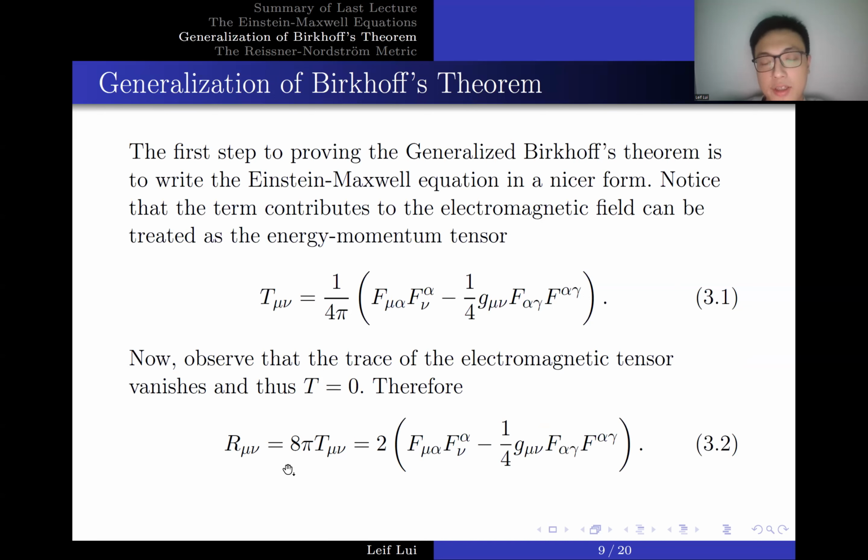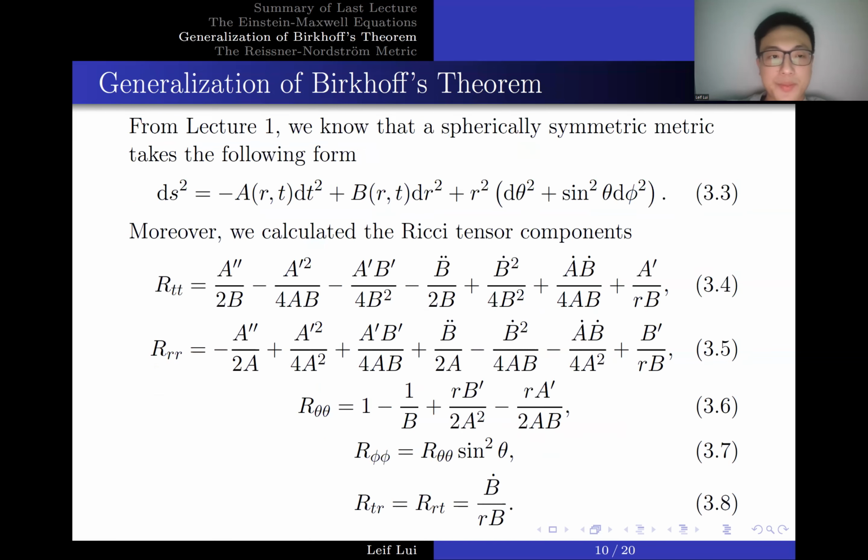The reason for writing this in this form is that the Ricci scalar is not difficult, but quite laborious to compute, because we have to take the Ricci tensor and contract it with the inverse of the metric tensor. So this step bypasses us from doing that.